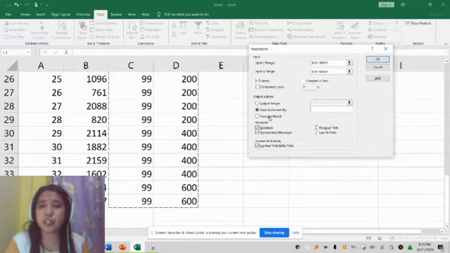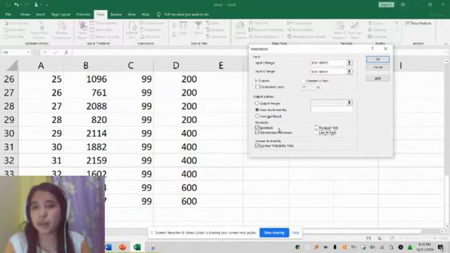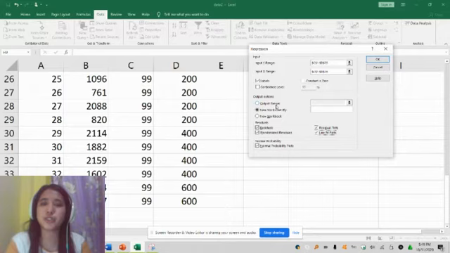And then actually, there's no need to check for all other things that are in our window. But if you just want to see what will be the result, you can click anything here, just like the residuals, normal probability, and the others. And then just click OK.